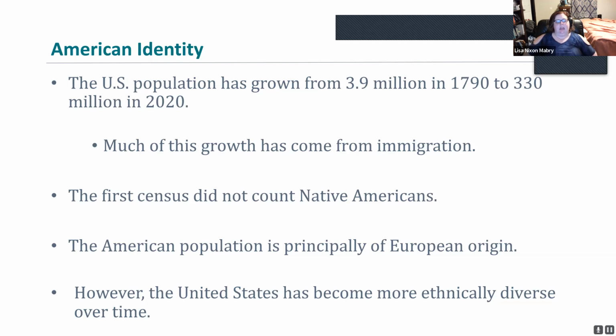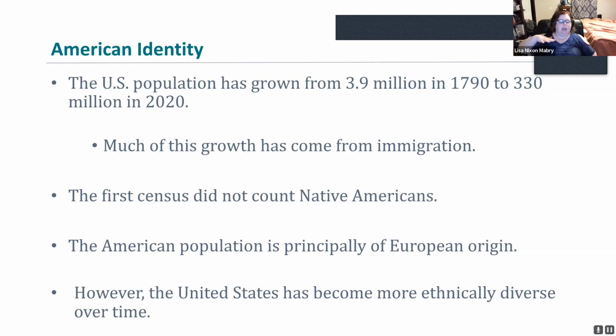I mean, if you think about it, originally a large chunk of our population is of European origin, which is not surprising to people because we, you know, came, saw, conquered, killed a lot of folks, and took over. So as time has progressed, we've become more and more ethnically diverse.